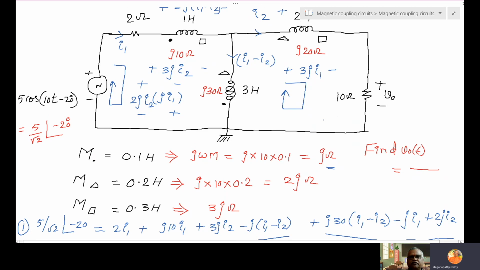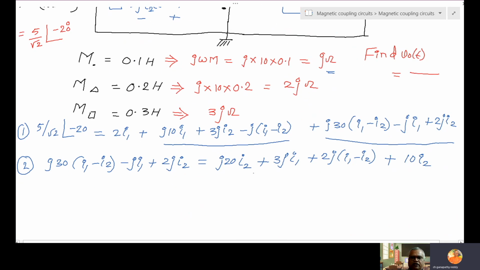This is second equation. So KVL convention you are already familiar.